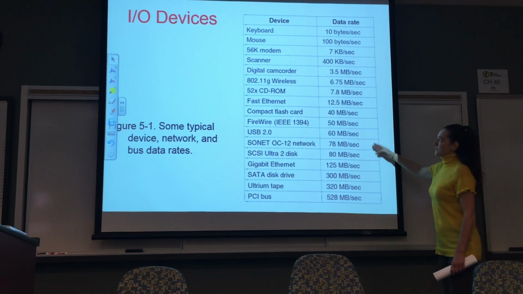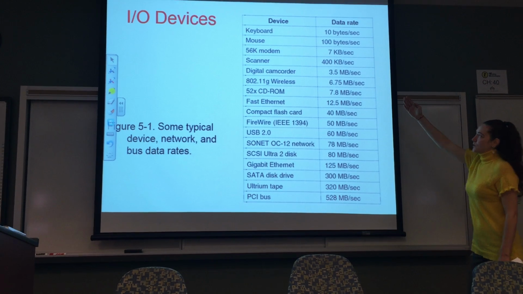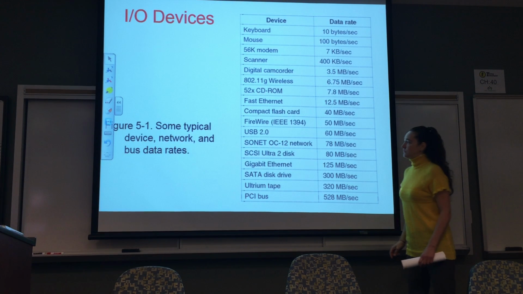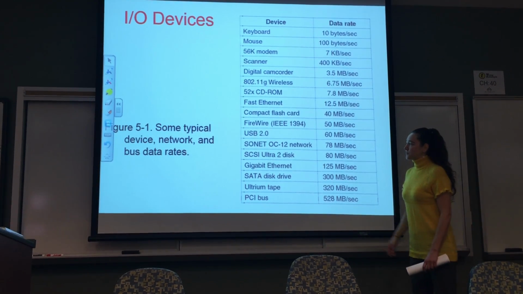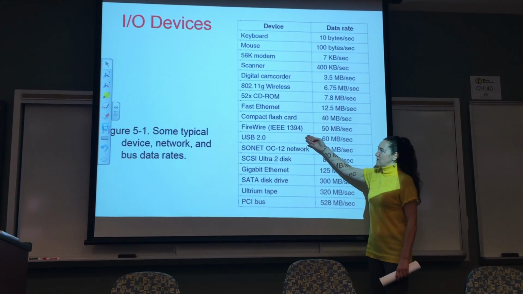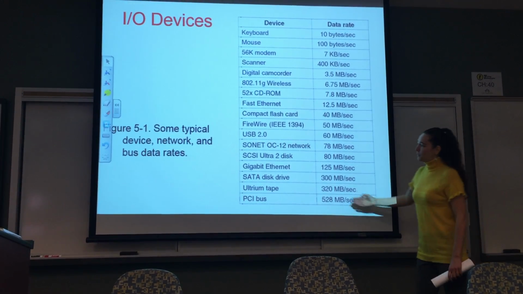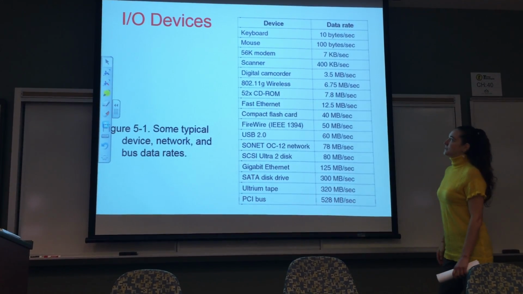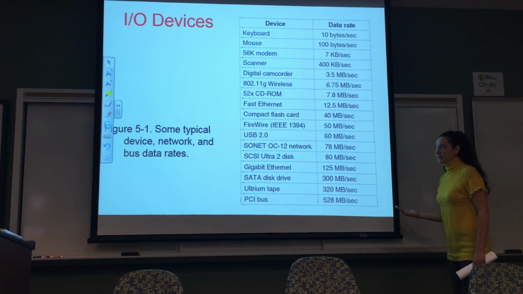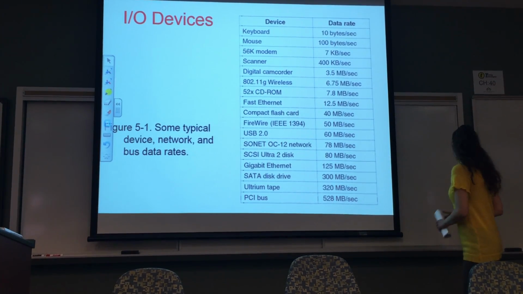So what kind of devices do we have? Input-output devices are, for example, keyboard, mouse, modem, scanner, printers, network interface cards, USB devices, the bus, and just any type of external device is an I/O or input-output device.